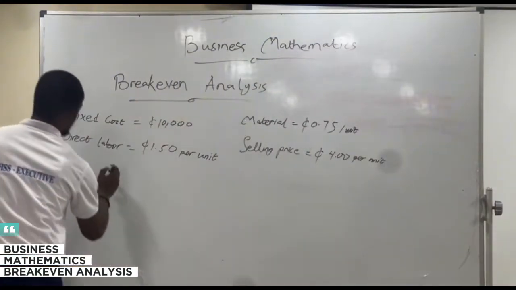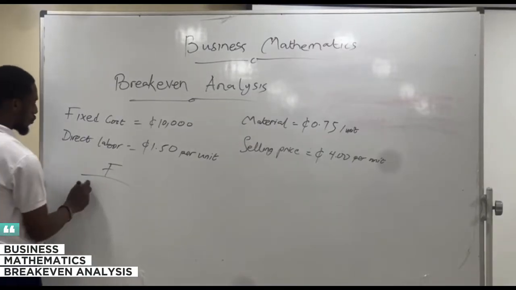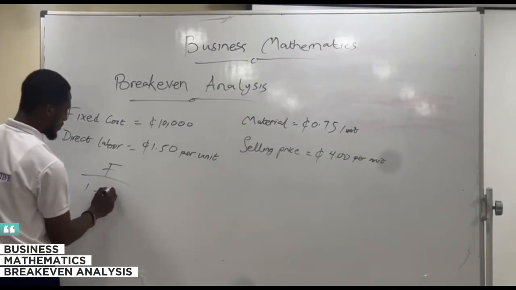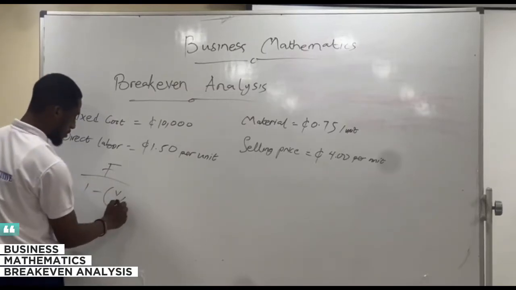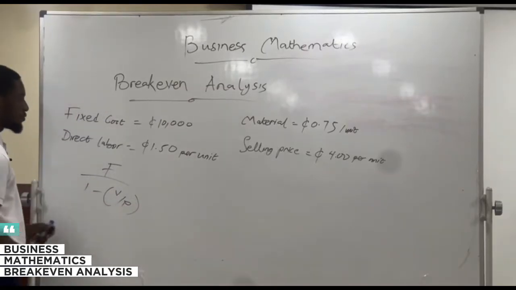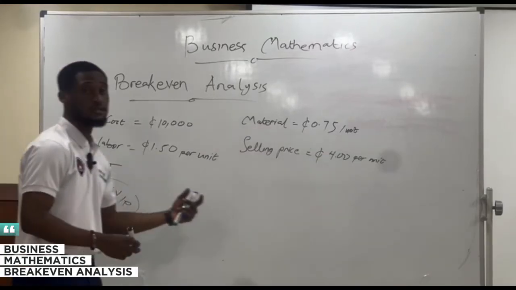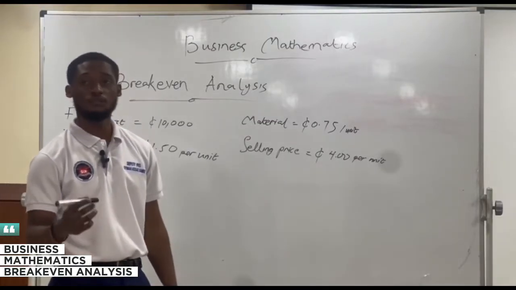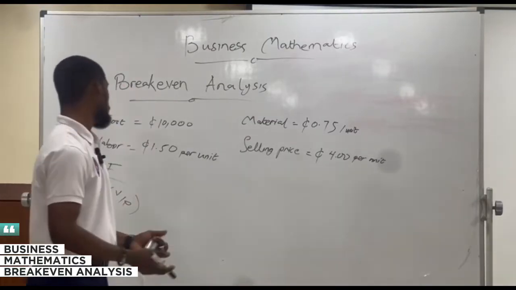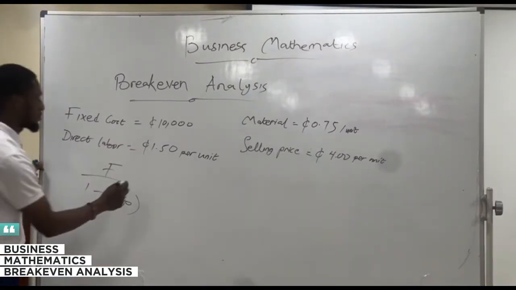The formula becomes fixed cost over 1 minus variable cost divided by price per unit. This is the formula when you are asked to determine the value of sales at break even in monetary terms. So what you have to do is to fix in your apparatus.